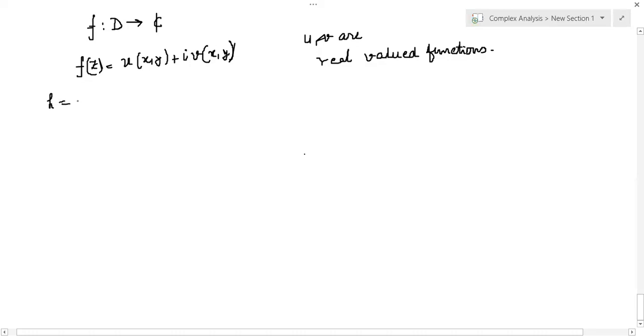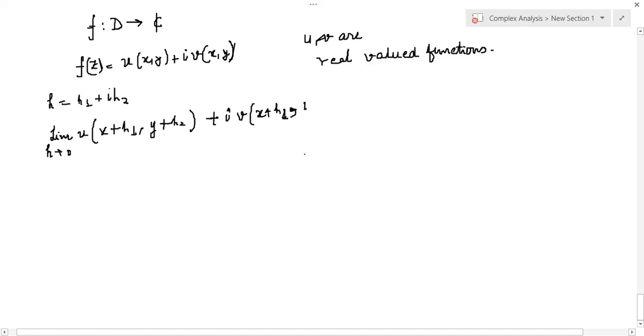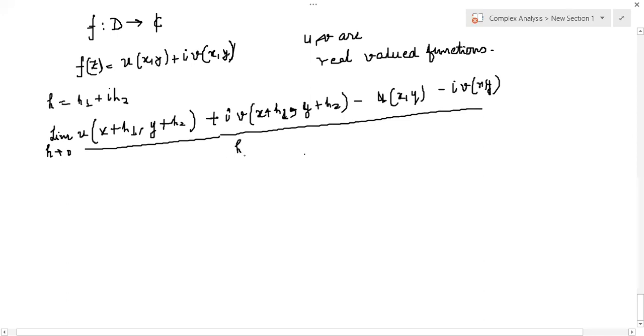So let us say that h is equal to again h1 plus iota h2. If f is differentiable, then the limit as h tends to 0 of u of x plus h1 comma y plus h2, plus iota v of x plus h1 comma y plus h2, minus u of x comma y, minus iota v of x comma y, upon h1 plus iota h2, this limit must exist uniquely.